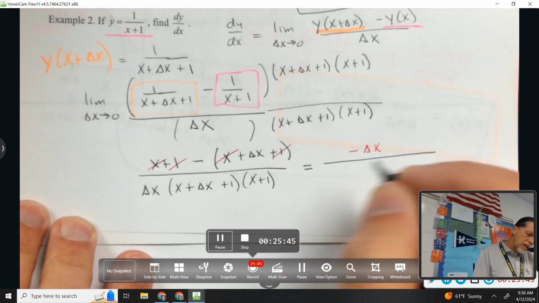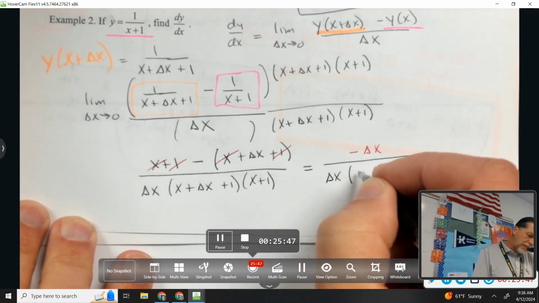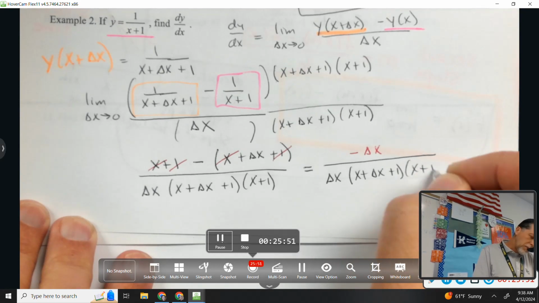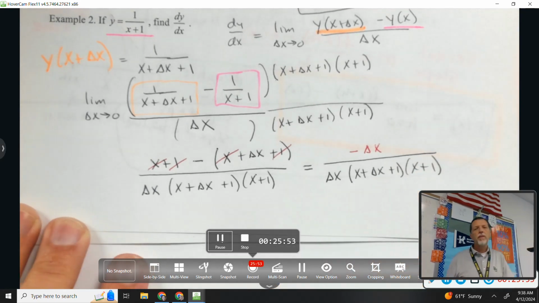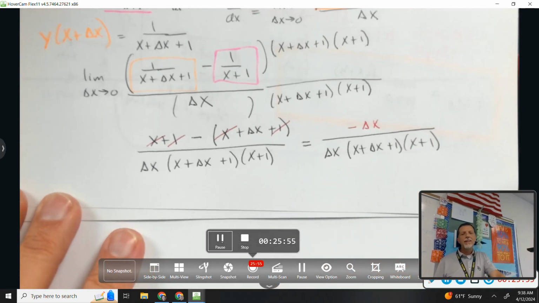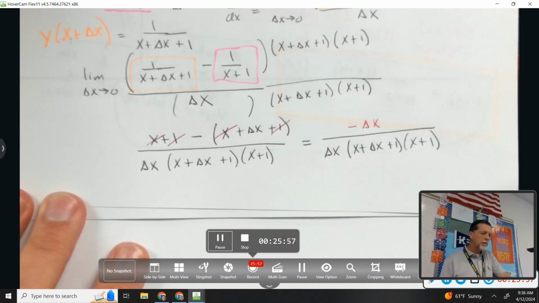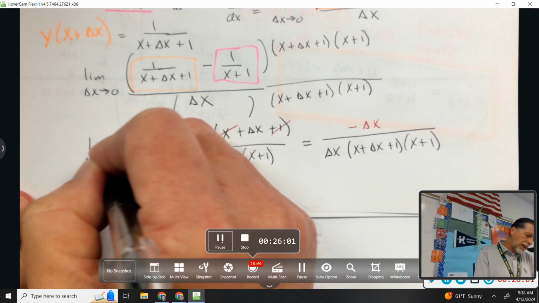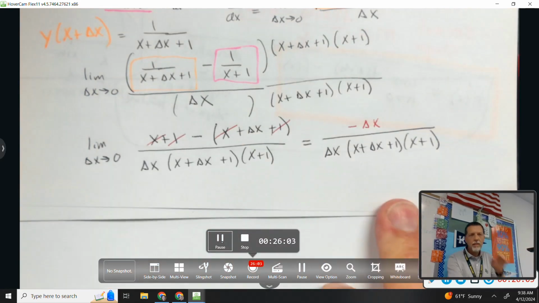And then in the bottom, delta x, x plus delta x plus 1, x plus 1. Now, I got a little lazy here. I'm going to put it back in a moment. Officially, I should be writing limit as delta x approaches 0 on all of these. But if you leave it off, as long as you stick it back at the end, you'll be alright.